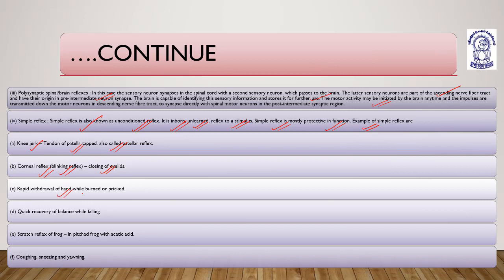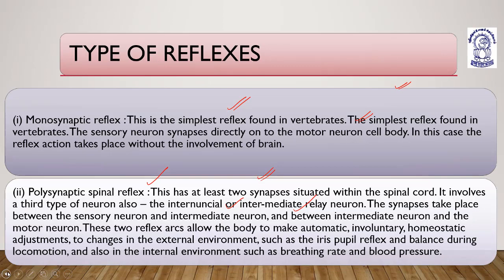Rapid withdrawal of the hand when burned or pricked, quick recovery of balance while falling, and the scratch reflex of a frog pricked with acetic acid are simple reflexes. Coughing, sneezing, and yawning are all simple reflexes. They are not polysynaptic reflexes. Okay, so simple reflex, polysynaptic reflex, monosynaptic reflex, and polysynaptic spinal reflex.